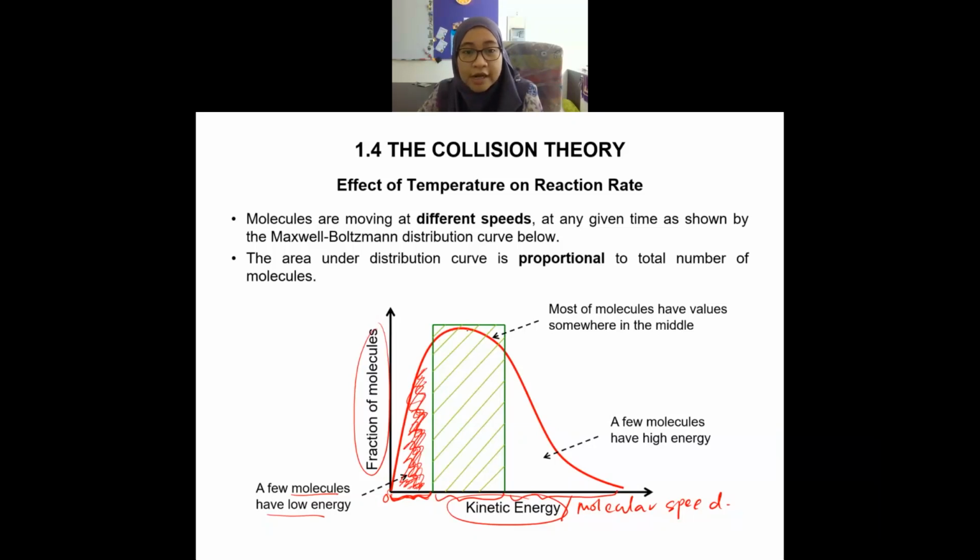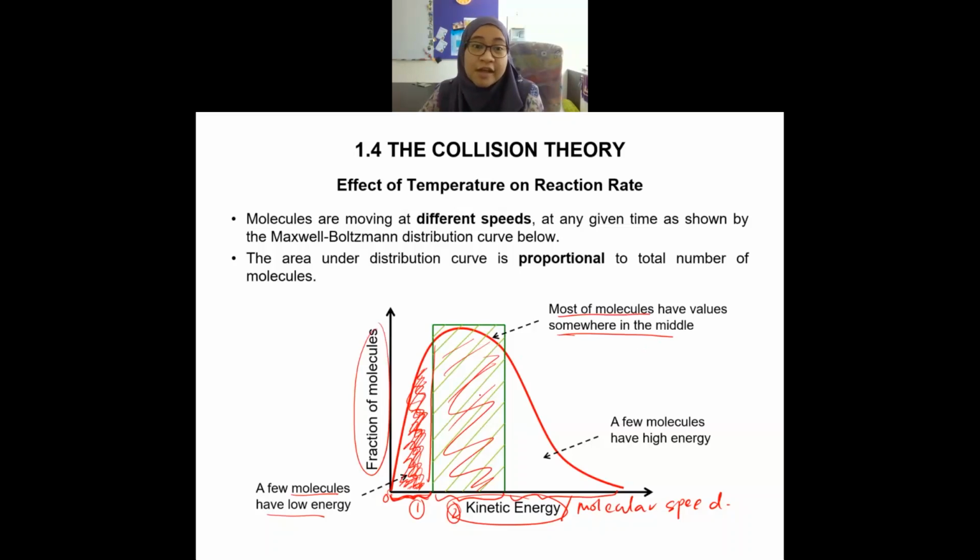And then in the middle region, see? This region, the green one, number 2, is the highest. The area under its graph is the biggest if we compare number 1 with number 3. So this is where most molecules have a speed or kinetic energy somewhere in the middle.